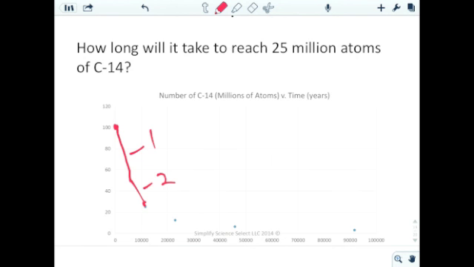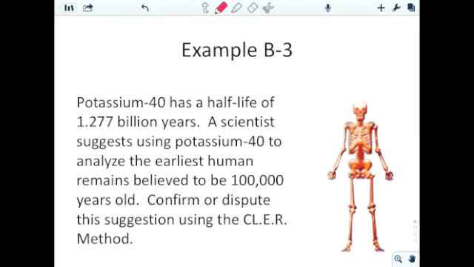So that is 2 half-lives. So the half-life of C14 is 5,730 times our 2 half-lives will give us right around 11,460 years.